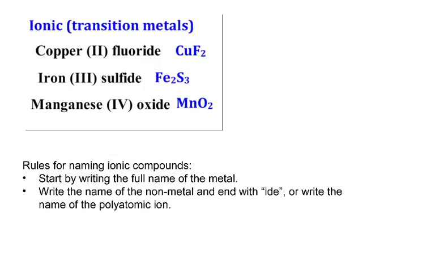So please add to your rules for naming ionic compounds. You start by writing the full name of the metal, you write the name of the nonmetal, end it with IDE, or write the name of the polyatomic ion. So let's add to that a third step.